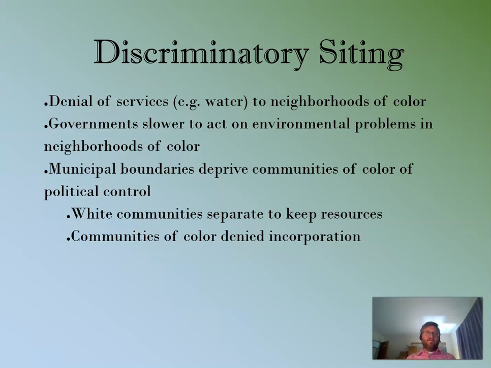Sometimes you'll have a situation in which white communities separate themselves off, creating their own separate municipality from the municipality where people of color live, in order to hang on to their resources, to keep their tax dollars from going towards improving environmental quality, as well as a variety of other services to the populations of areas near them. They'll use that boundary to hoard those resources, keep them within their own community. You also see cases in which municipalities refuse to incorporate nearby communities of color into the municipality.